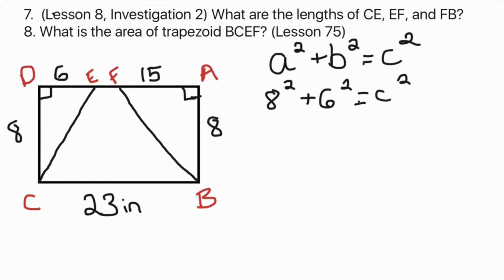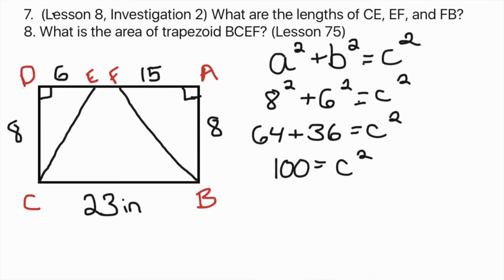And now we just do order of operations. 8 squared is going to give us 64 plus 36 equals c squared. And now add those together to get 100 equals c squared. And now I take the square root of both sides, and I get c equals 10. So CE equals 10.